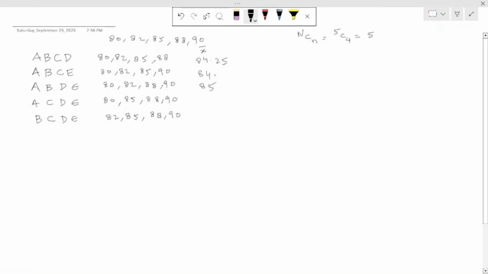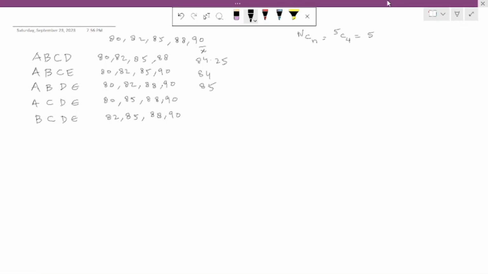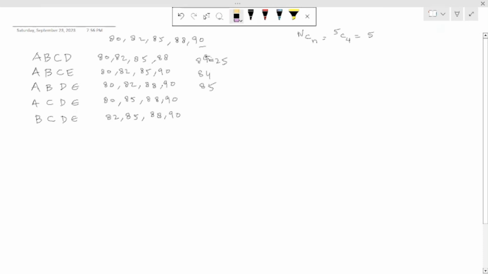Just make a correction in the first one. 83.75 is the first sample mean. So change this value.